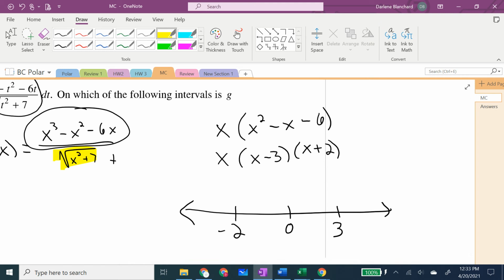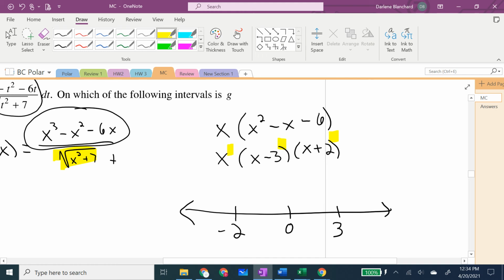Now, my question to you is, do you remember multiplicity? So factor x is to the 1 power. Its multiplicity of the 0 is 1. Multiplicity of each zero is 1. You know what that means? This will change sign every time.